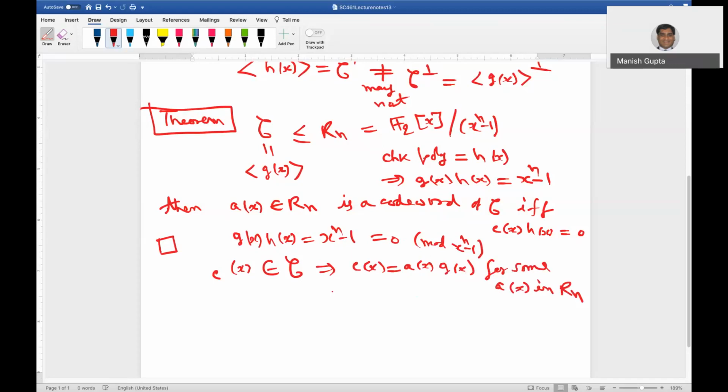Now if you multiply both sides by h(x), we get c(x) into h(x) is equal to a(x) into g(x) into h(x). Now this quantity is 0. So we get that c(x) into h(x) is equal to 0 modulo x raised to power n minus 1. So this portion is straightforward.